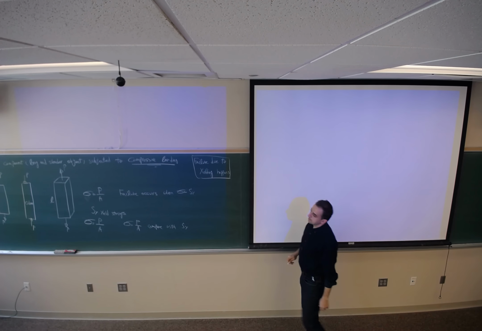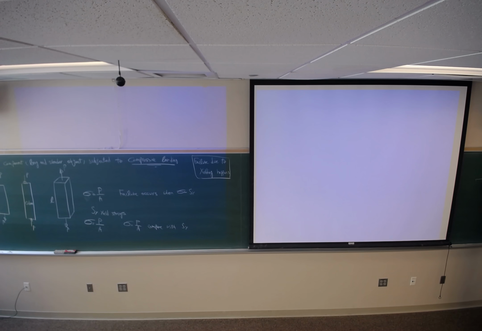But just imagine you have a component like this, and you increase the load from 0. If this column is long enough, before you reach sigma equals Sy, you might see some buckling happen in the column.